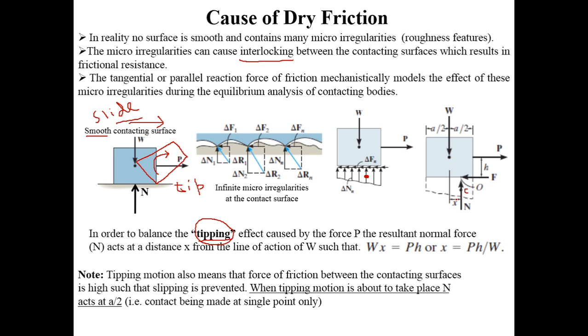So this distance x is the centroid of the loading diagram. This is because now the physical dimensions are specified, and there is a probability that this force can basically cause a tipping action.